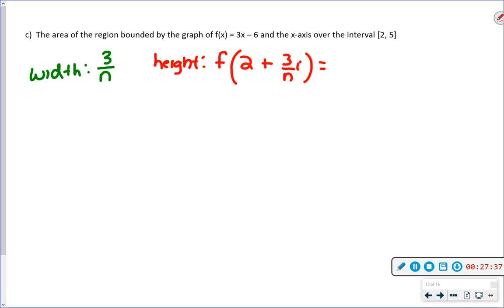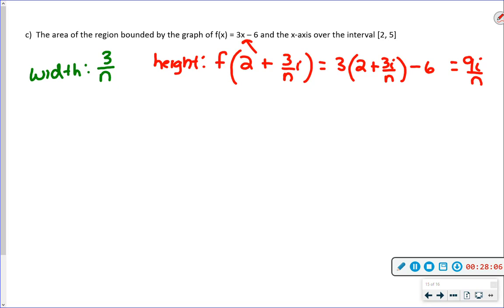So I'm going to put this crazy looking expression in here for x. So I'm going to have 3 times this whole bunch of stuff, 3i over n, and then don't forget minus 6. And actually, that's going to come out kind of nice, because what happens to the 6's? They'll cancel, so we don't even need to bother writing them. But I'm going to do 3 times 3 there in the middle. What's 3 times 3? 9. So we're going to have 9i over n.